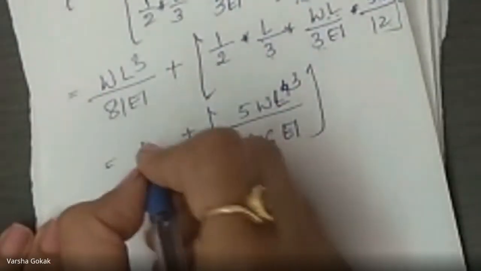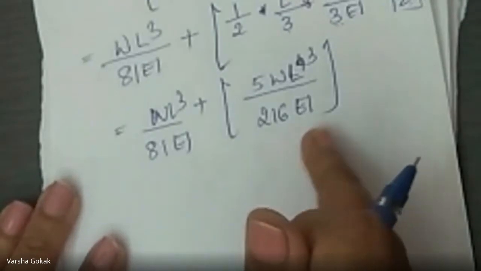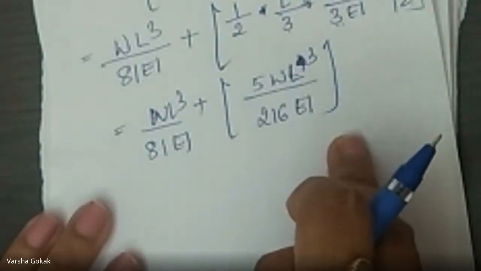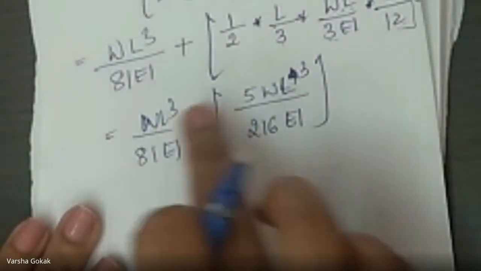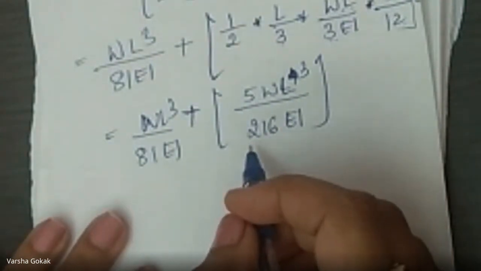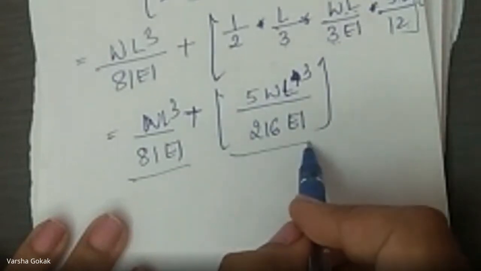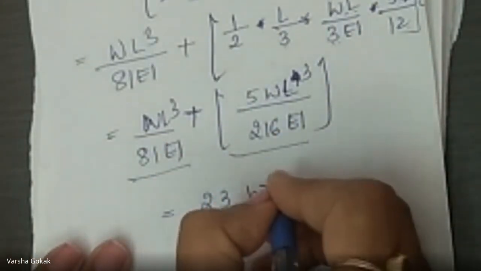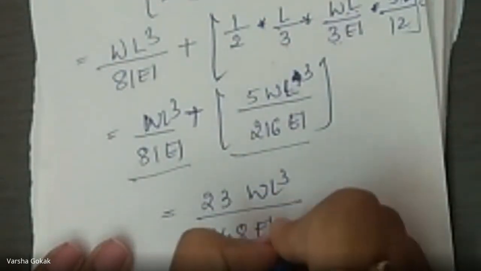So this side it is WL cubed by 81 EI, and this side it is 5 WL cubed by 216 EI. If you want, you can further simplify this. These both have a plus sign only, right? So you can take some common things out, or simplify further, taking the LCM of these two, and we get the answer as 23 WL cube divided by 648 times of EI.